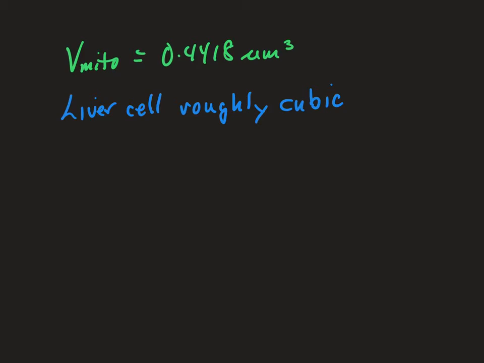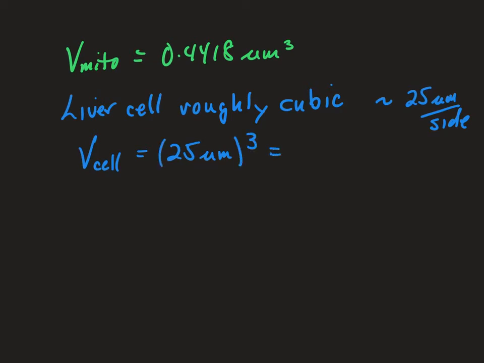They're packed in a roughly cubic structure that is about 25 micrometers on a side. So the volume of that liver cell is going to be 25 micrometers cubed, or about 15,625 cubic micrometers, right?